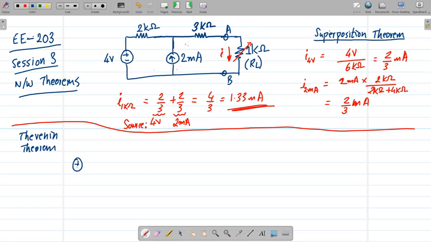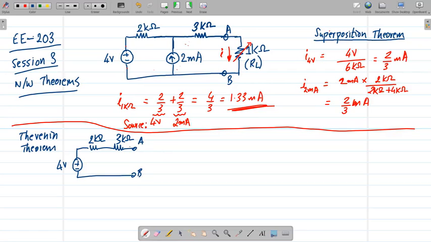So the circuit I'm talking about is 4 volts, 2 kilo ohm, 3 kilo ohm, and AB, right? I'm using superposition even for Thevenin theorem. So first I'm neglecting the current source. So the current source is open circuited.